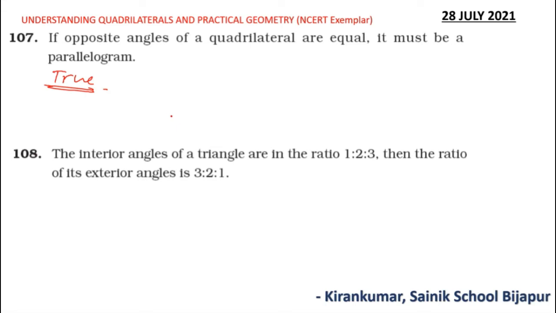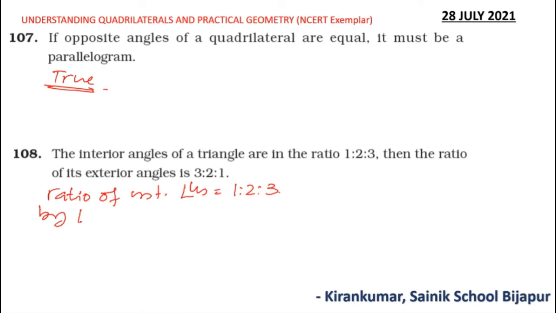Question 108. The interior angles of a triangle are in the ratio 1:2:3, then the ratio of exterior angles is 3:2:1. Let's try working it out. The ratio of the interior angles they have given, it's 1:2:3.